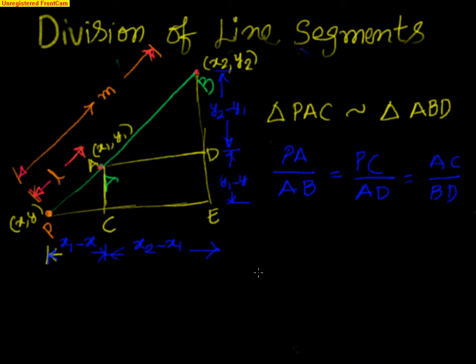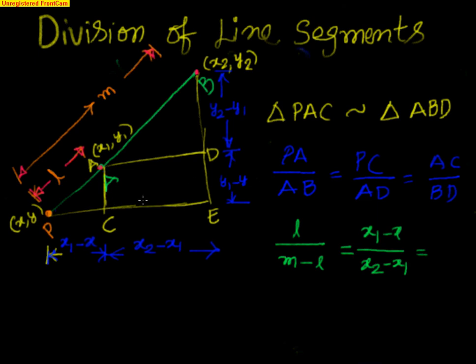Okay. Now let's try to find out this. PA, what is PA? We know PA by AB is in the ratio of L by M minus L, is equal to PC, that's x1 minus x divided by AD, nothing but x2 minus x1, is equal to AC.